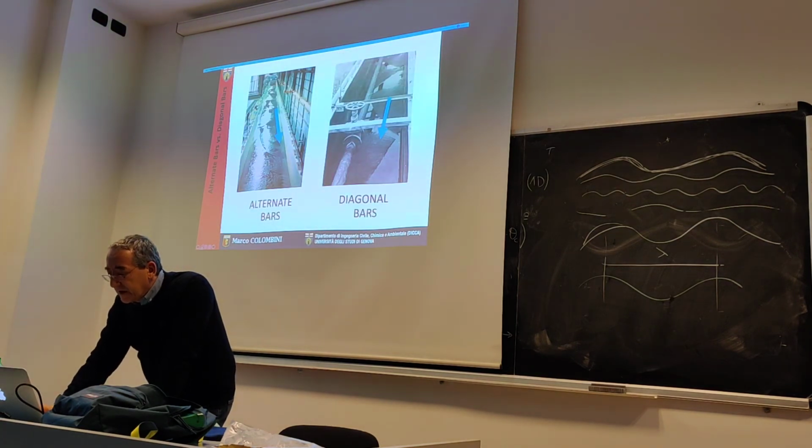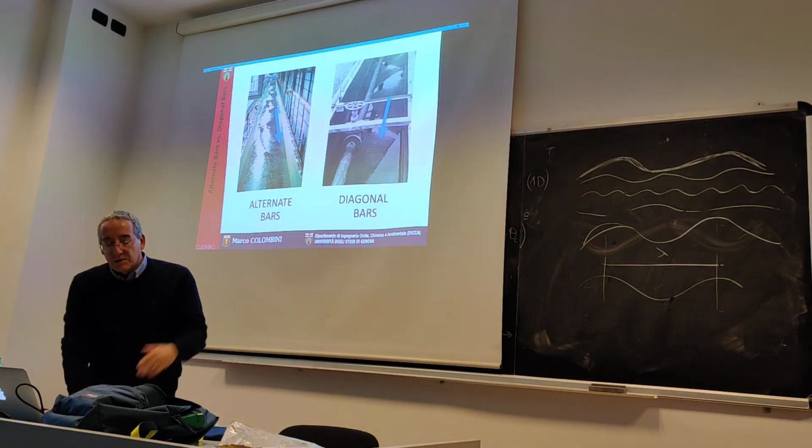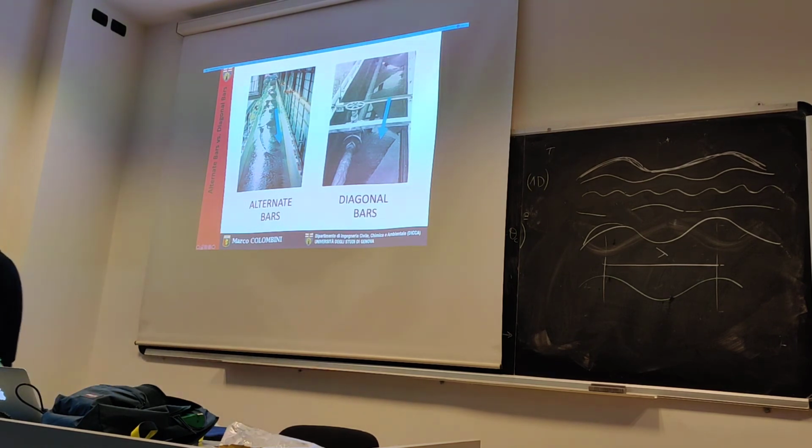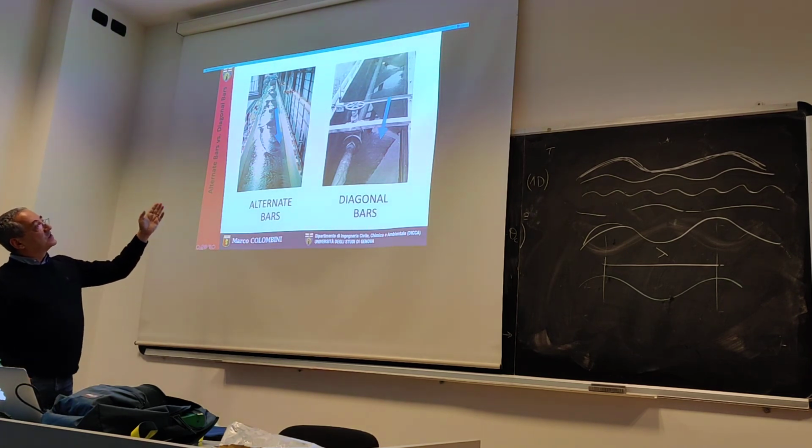The same thing that we have done with ripples and dunes, we can do with alternate bars and diagonal bars. If you look at this, you would say that the two things are exactly the same. Okay, it's a diagonal pattern, alternate, so very similar one to the other.